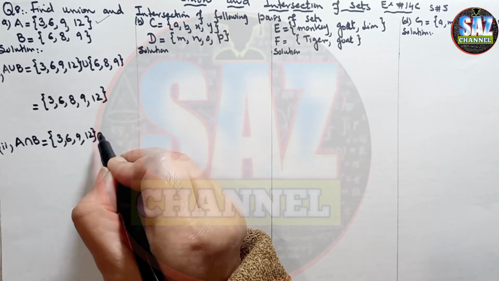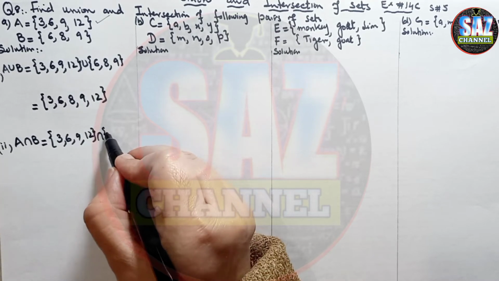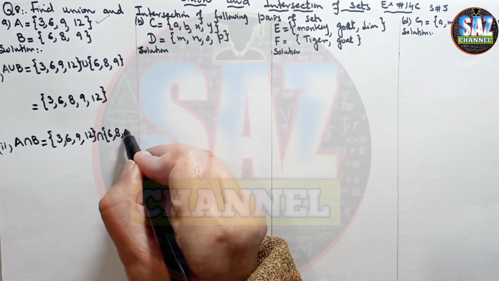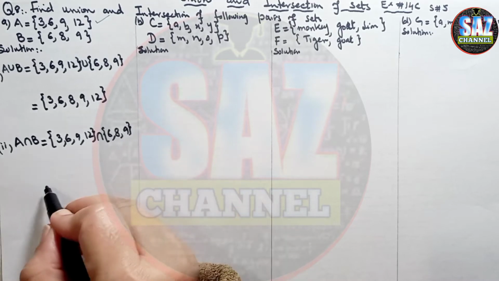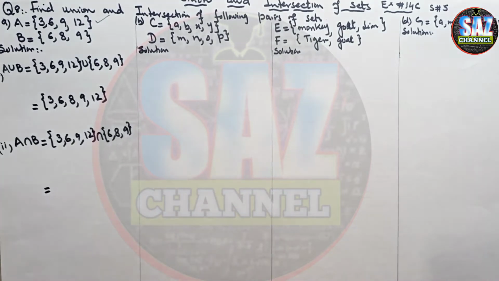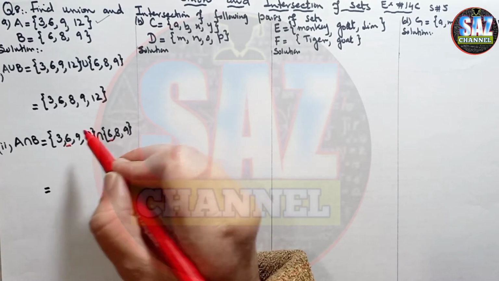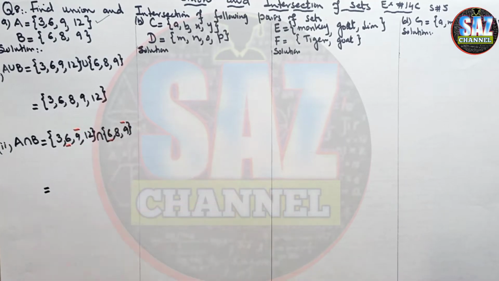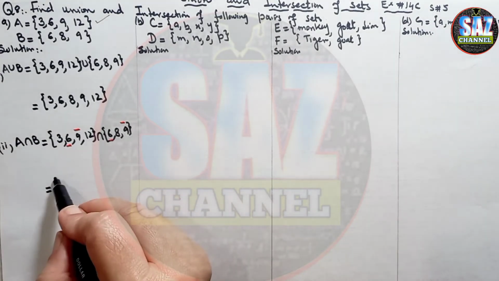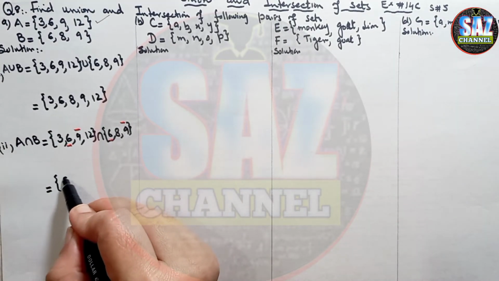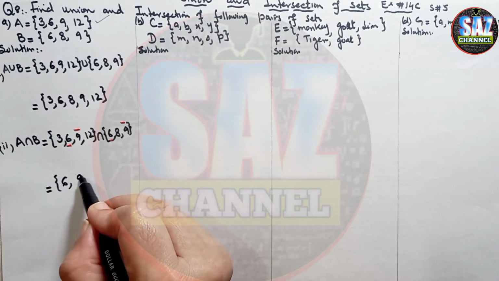Then I have to put the intersection symbol, and then I have to write 6, 8 and 9, and then I have to see which elements are common in both these sets. So if we are looking at 6, we can see 6 is coming at two places, 9 is coming at two places. So the intersection of this situation will be 6 and 9.